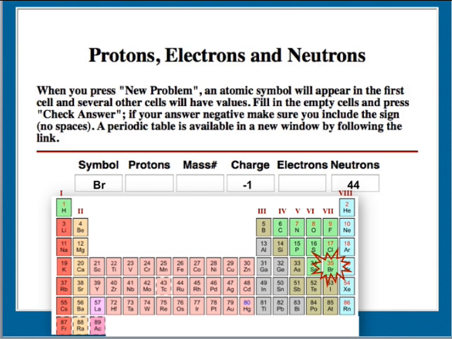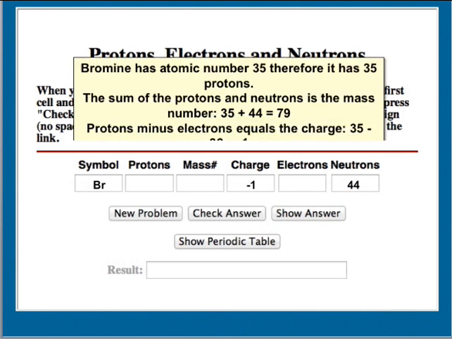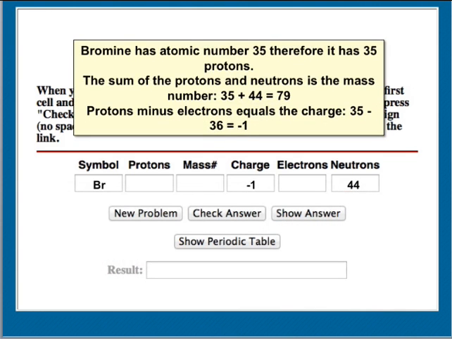So if we have 35 protons, we must have 36 electrons. Atomic number 35, 35 protons. Mass number is simply the sum of those. We have one extra electron, so it must be 35 plus 1, 36.